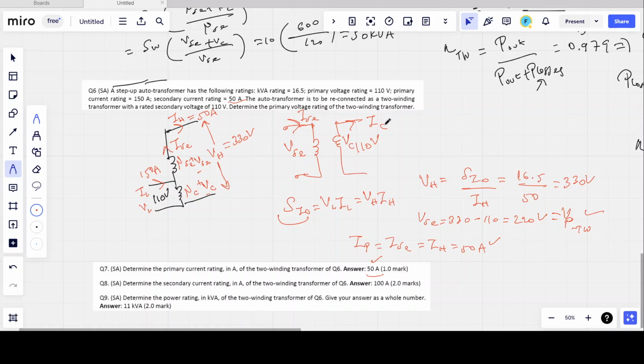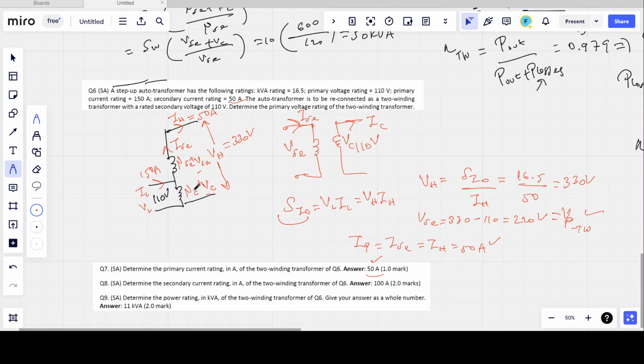Now determine the secondary current of the two winding. So in that case, it's IC. So how do we find IC? One thing we have to recall is that if we have a step-up transformer, the voltage is increasing. So we are moving from 110 volts to 330. But in terms of the current, it is the opposite. So if our I low is 150 and our I high is 50, which decreased, what is going to be the direction of the I common?